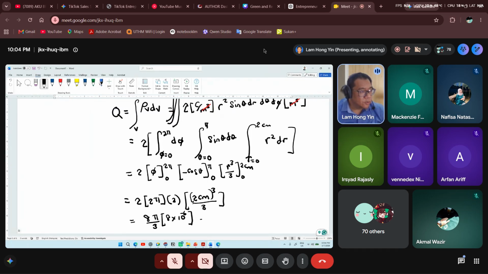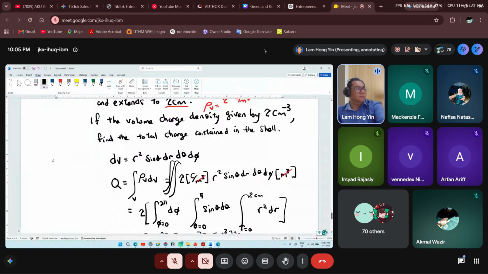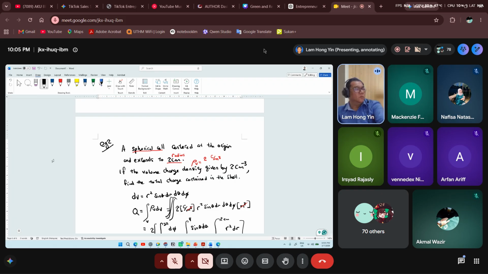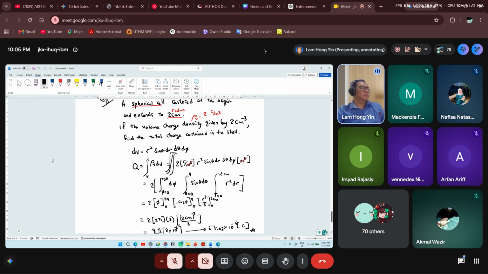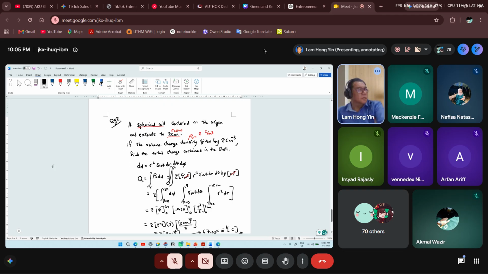So eventually you should get 67.02 times 10 power of negative 6 coulombs. That is the total charge. If we zoom in here, that is the whole solution.